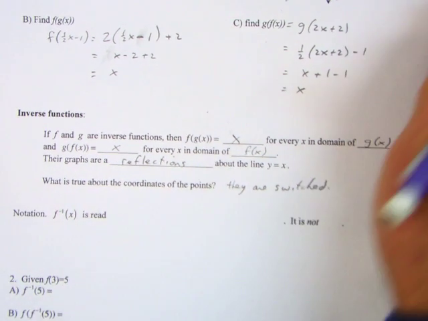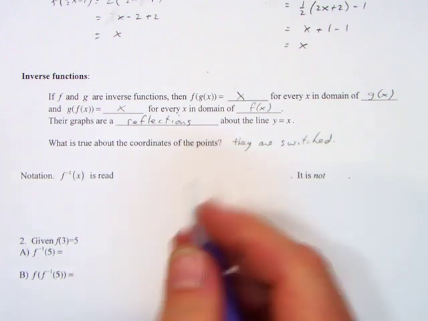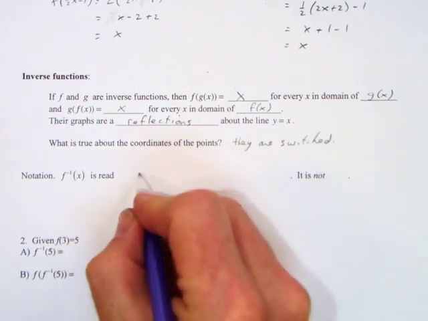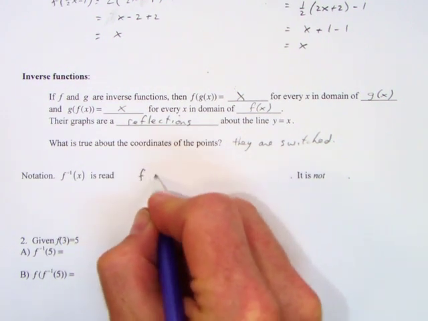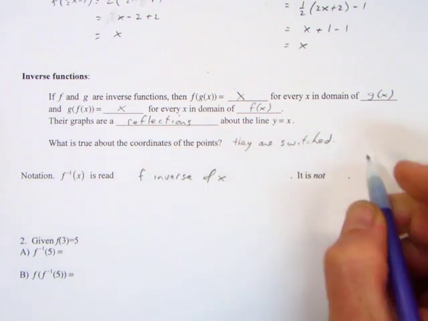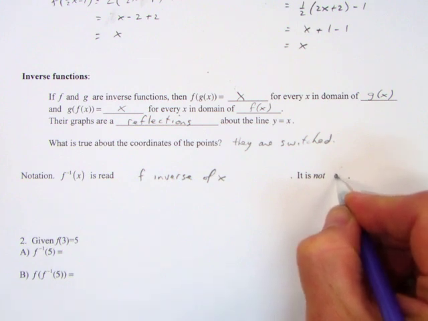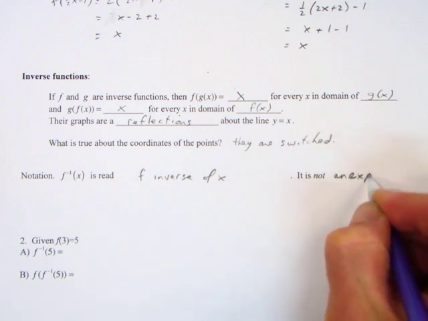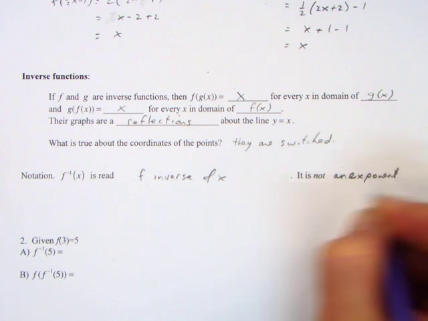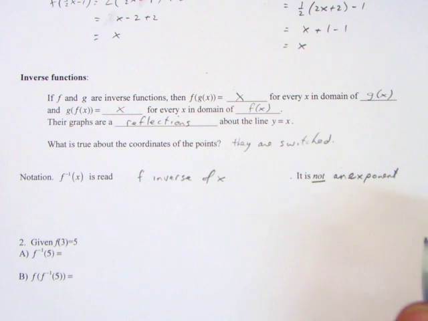When you see this, this is a notation that we're going to use for f inverse. The way you read this is f inverse of x. It is not an exponent. It is not the same thing as 1 over x.